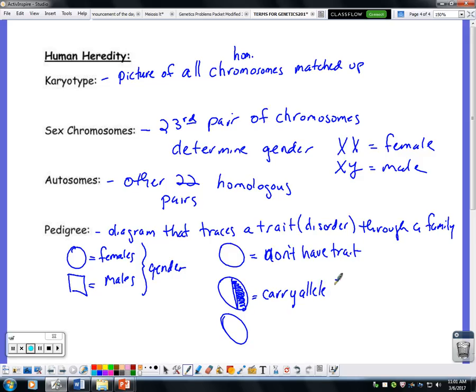So that one particular trait that might be recessive, that might be missing, or may not be shown here, but that person has the allele for that trait. So they could pass that on to their offspring. And then finally, completely filled in shows the trait. Has it. All right, so this is the shading of the trait.